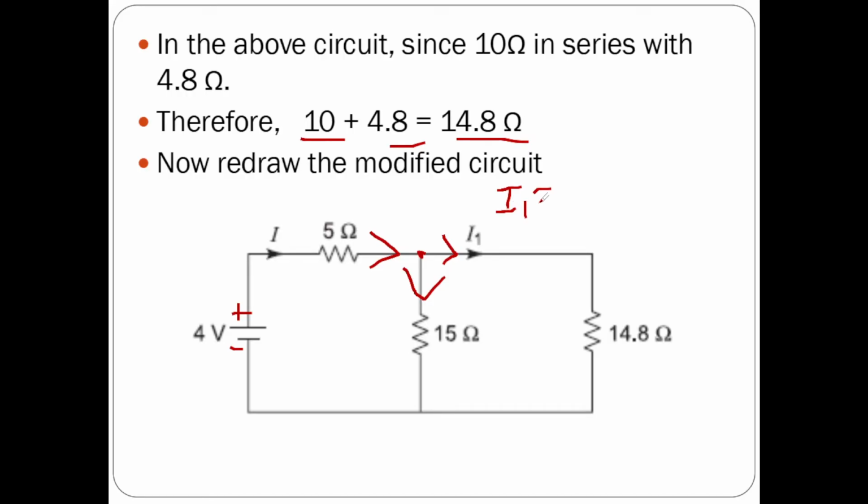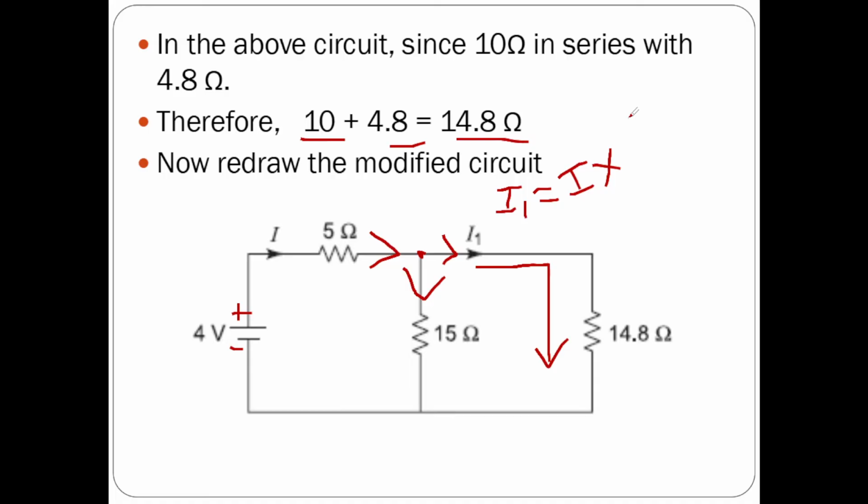According to the current division rule, I1 current is given by the total current I into, since I1 flows through 14.8 ohms, the opposite resistance, which is 15.